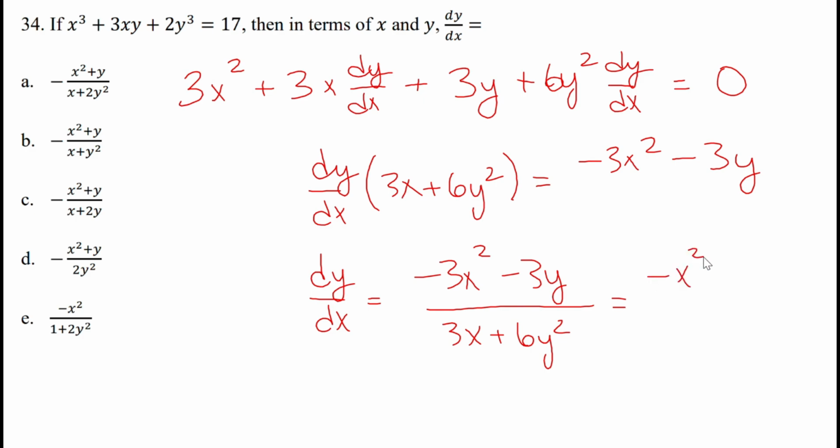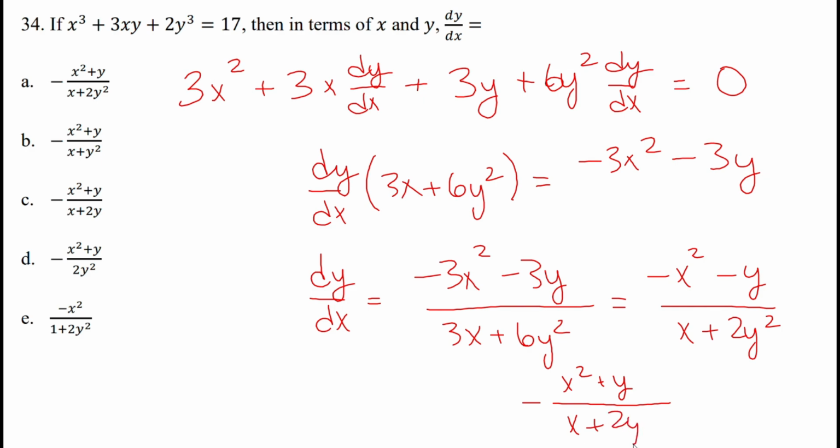So we've got negative x squared minus y over x plus 2y squared. And so it doesn't quite look like any of our answer choices, but if we look at choice A and we think about distributing that minus sign through, right, we'll end up with the same thing that we have over here. In fact, we could just take the negative out of the numerator, leaving us with a positive x squared and a positive y, and an x plus 2y squared in the denominator, which shows us the answer is choice A.